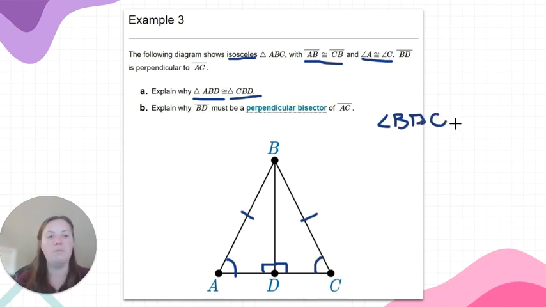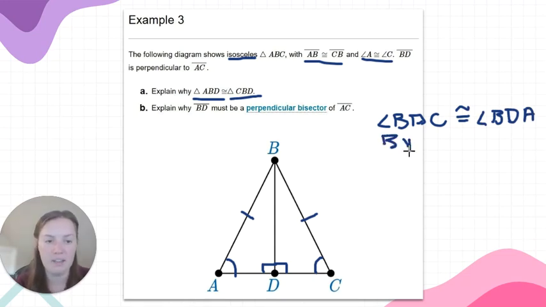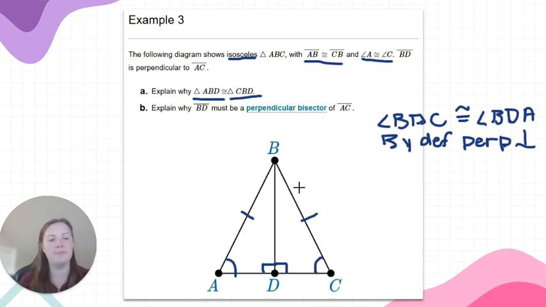So angle BDC is going to be congruent to angle BDA by definition of perpendicular, or I could use the perpendicular symbol there.